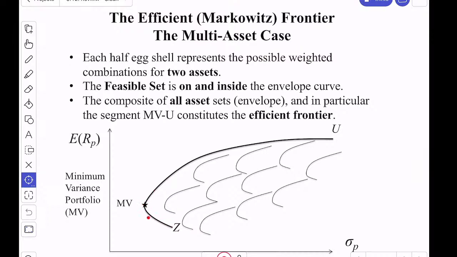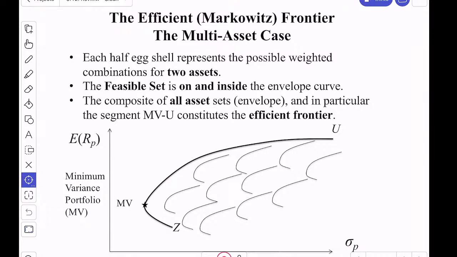And this entire envelope here is called the feasible set with multiple assets, where still going from the minimum variance portfolio to the most risky asset constitutes the efficient frontier. So investors choose along this set of asset combinations.